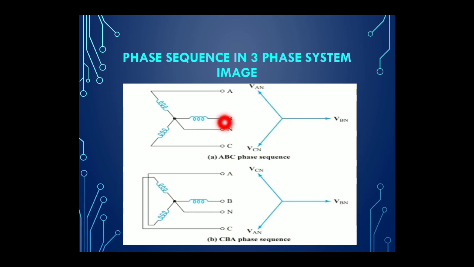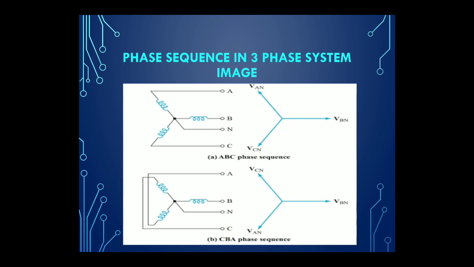Next is VBN and then VCN. In the second image, we can see it is just opposite of that circuit: VCN, then VBN and VAN.